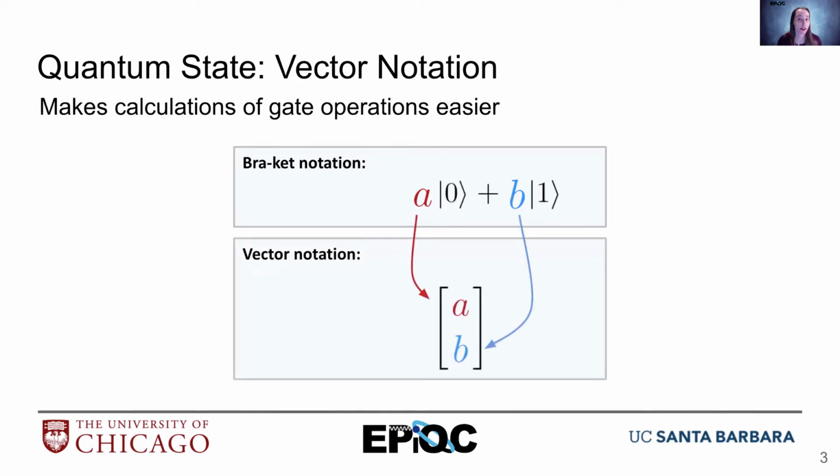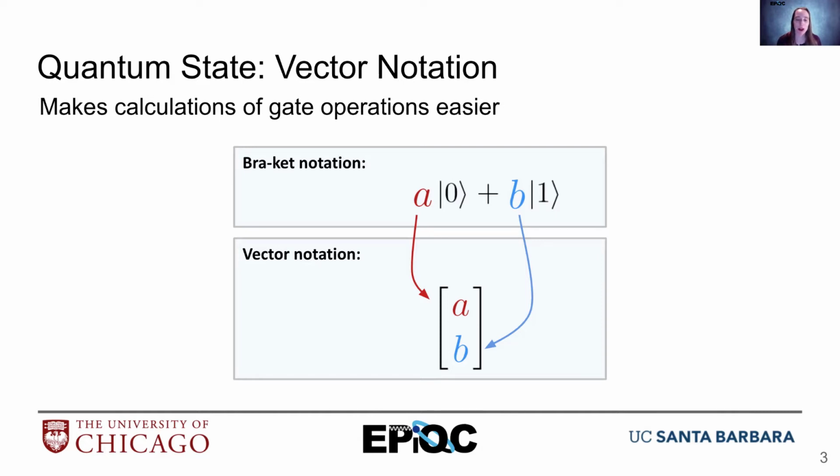I make it as tall as I need to hold as many as I want. Well, we will always be holding for a single qubit, we'll be holding 2 because there are 2 possible states with a single qubit. So I just make the brackets up here tall enough to store these 2 values. And so I always put the probability amplitude for the 0 on top and for the 1 on the bottom.